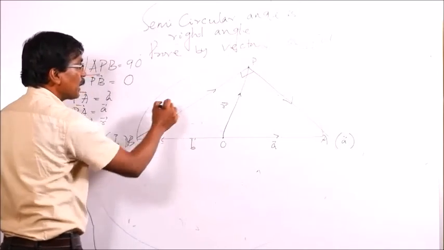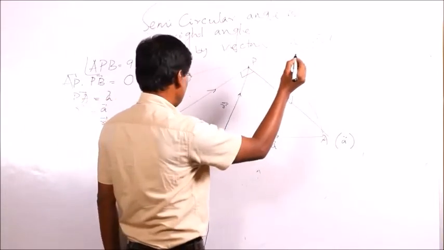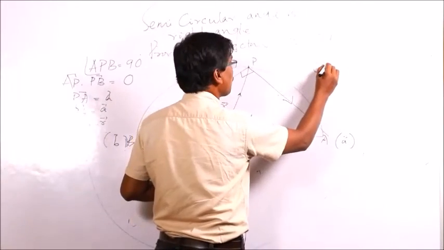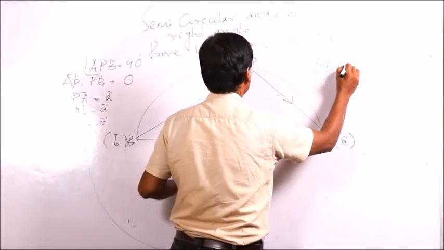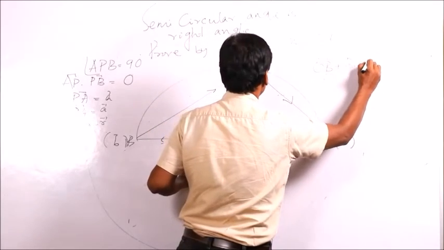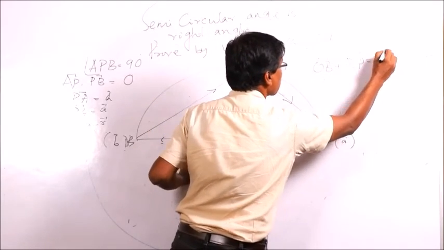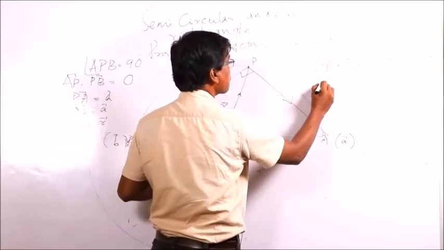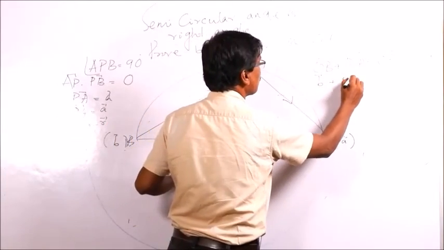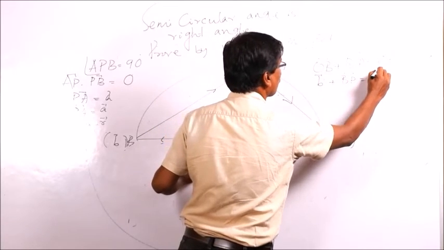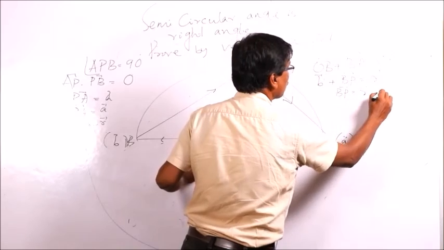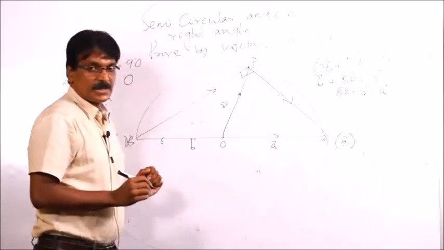Similarly, we have the PB vector. OB vector plus BP vector is equal to OP vector. OB vector is equal to B vector plus BP vector is equal to R vector. So BP vector is equal to R vector minus A vector.